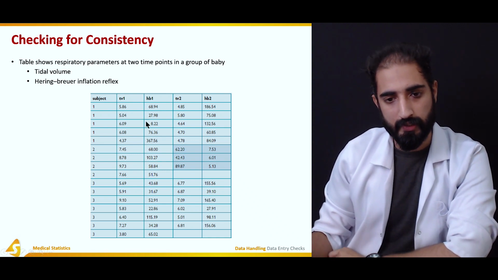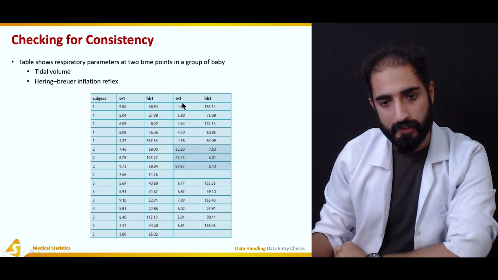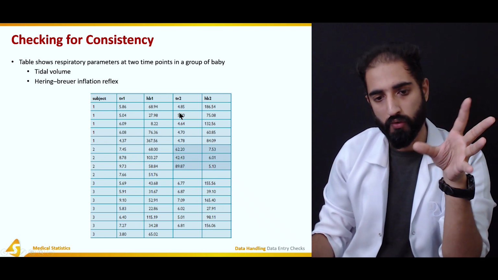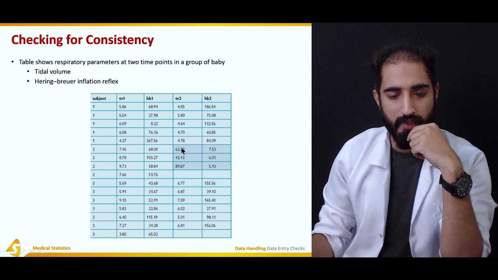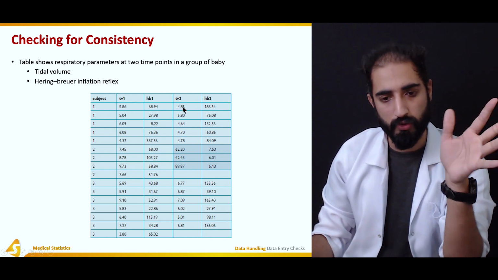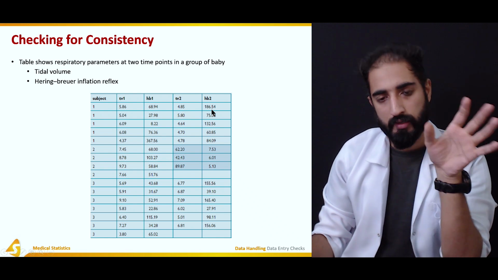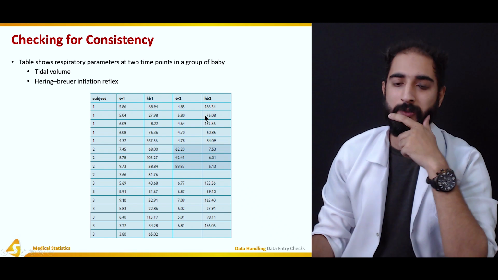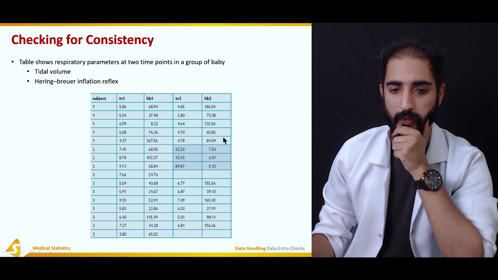If we look at the data, we can see that the tidal volume is around 4, 5, 6, 7, so it's 1 digit with 2 decimal places. But if we talk about HB, it is around 2 to 3 digits with 2 decimal values.